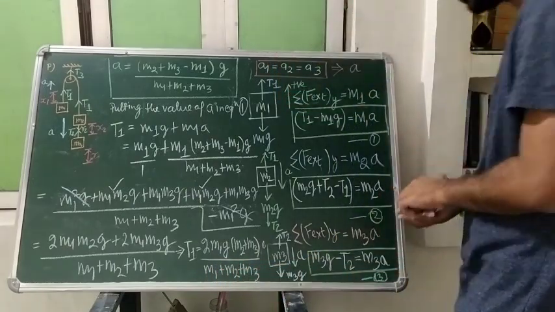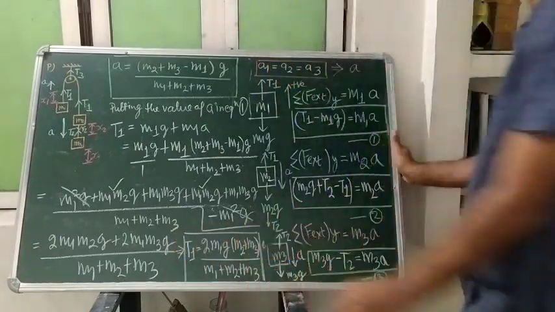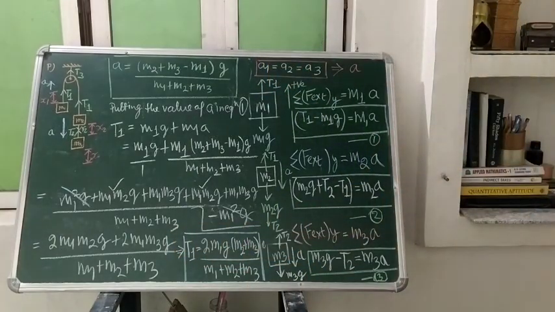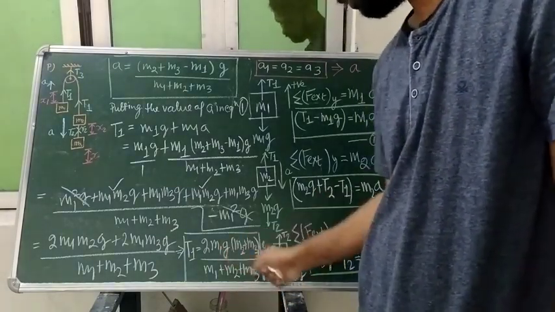So it will be the expression of that tension T1 here. Getting? Is it coming the same? Okay, T1, m2, g is here.